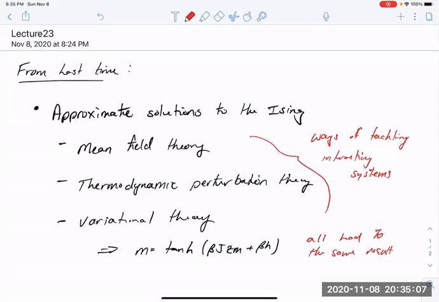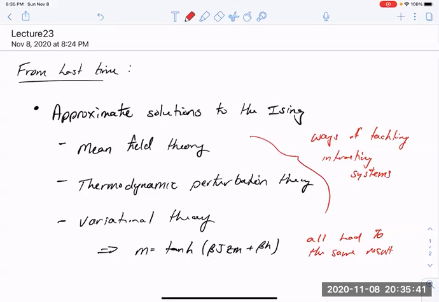There are questions for which mean field theory or perturbation theory or variational theory works exceedingly well. We will use thermodynamic perturbation theory in a couple weeks to derive the van der Waals equation of state, treating an appropriate reference system close to that of an ideal gas and perturbatively correcting for interactions. That works very well, gives us the van der Waals equation of state, which of course has great utility.